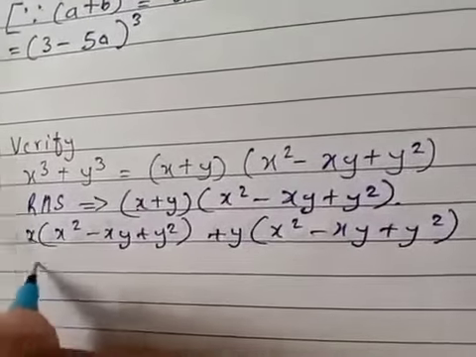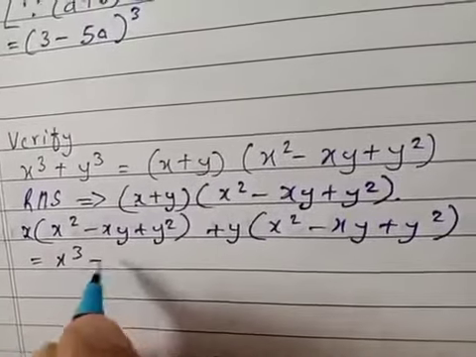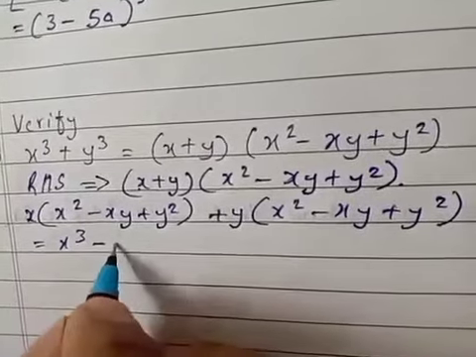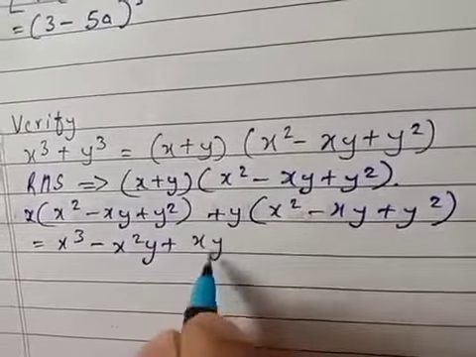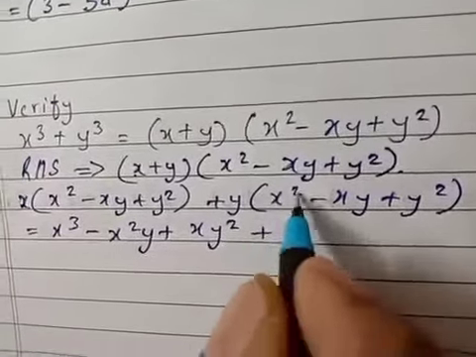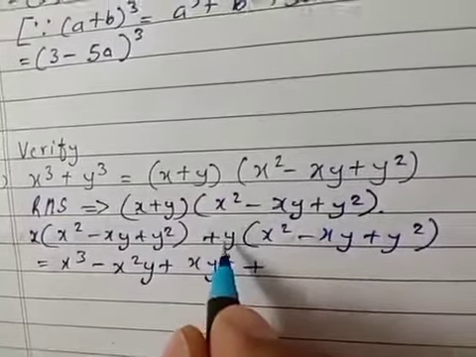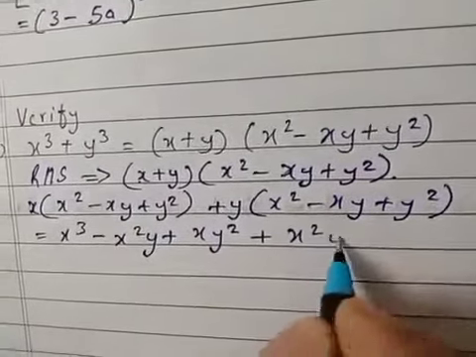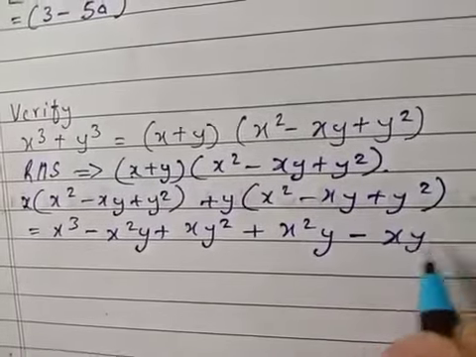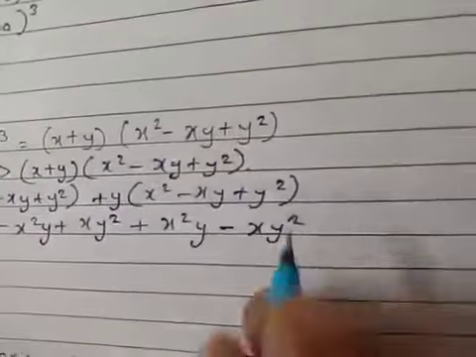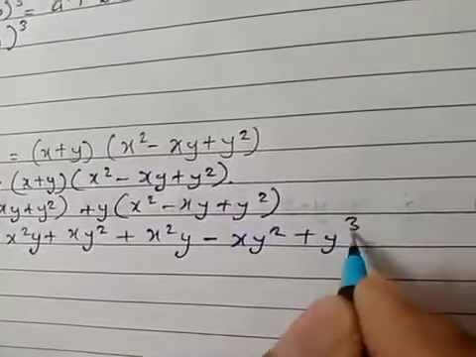Now x into x is x cube, minus x into xy is x²y, plus x into y square is xy², plus x square into y is x²y, minus y into xy is xy², and plus y cube.